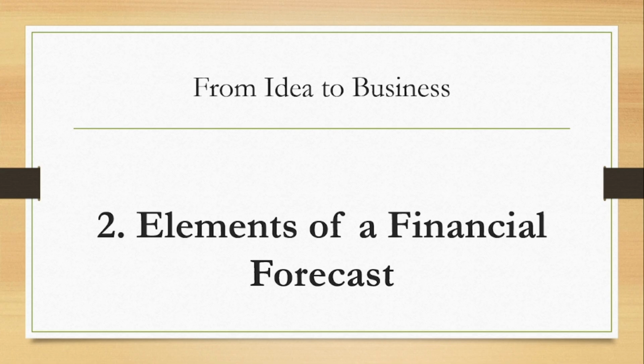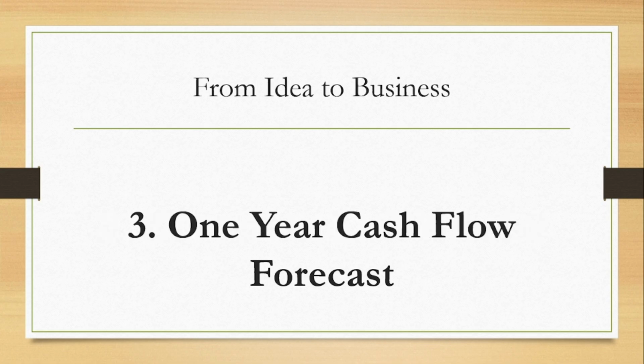So next we are going to have a sample 1-year cash flow forecast. Can your idea and the plan that you have actually survive 1 year of something maybe you had not expected? So in the event of a worst case scenario, can your idea survive 1 year of that?